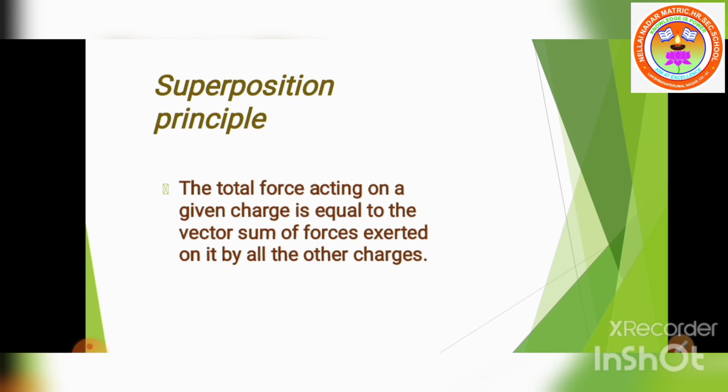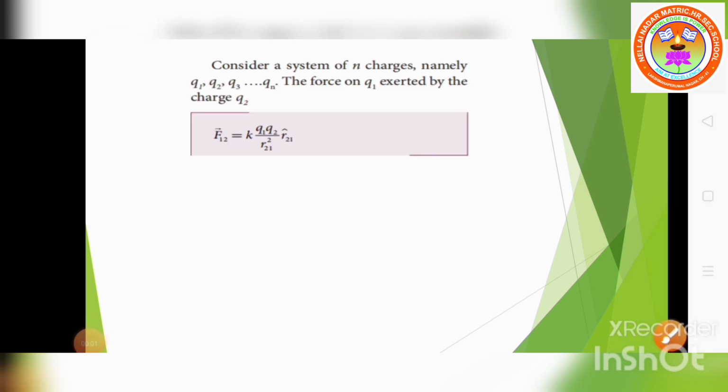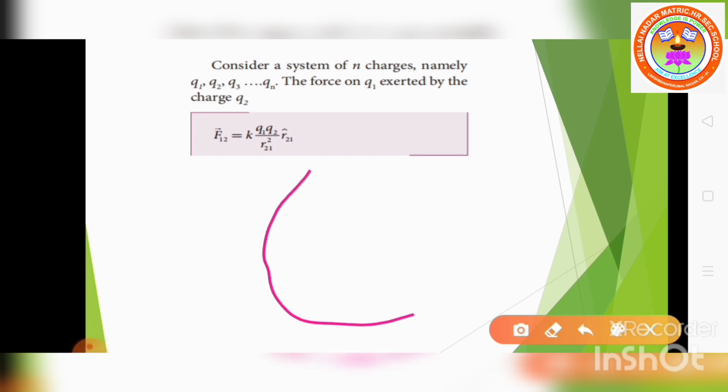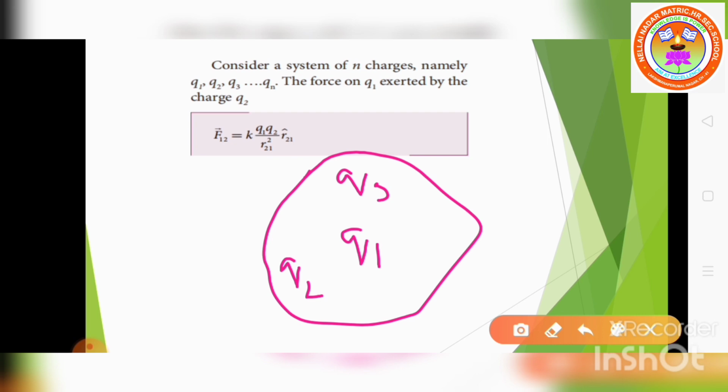So we can calculate this. For that, let us consider a system of n charges. Here I have taken Q1 as the first charge, then Q2, Q3, Q4, Q5, etc. The last charge I am going to take as Qn.